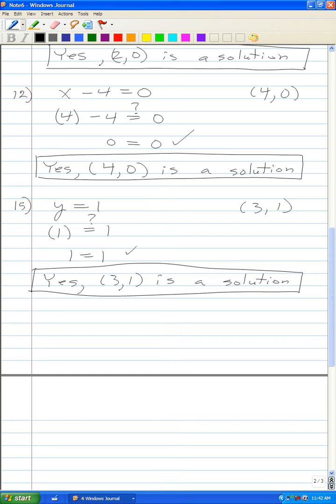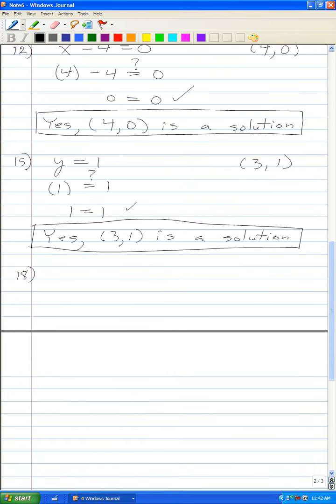Okay, let me do problem number, let's say 18. In exercises 16 through 29, complete the ordered pair so it represents a solution for the given equation. Okay, so I'm given the following equation: 2x plus y equals 5, and I want to complete this ordered pair. So I'll call this ordered pair (-3, y) and solve for y.